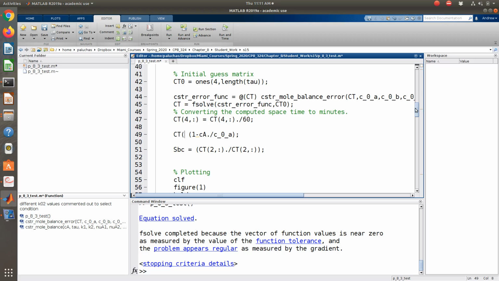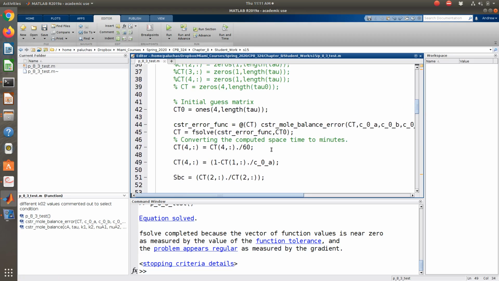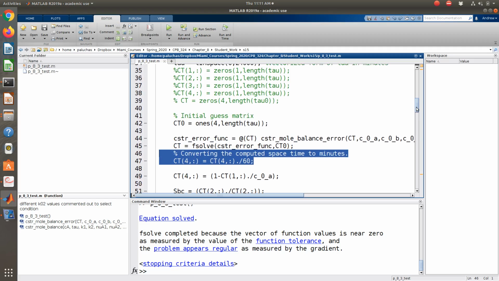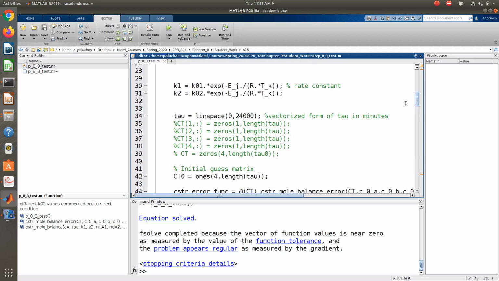So we could do CT row 4, all columns, just like you had, is equal to, now A is CT, my first. Oh yes, CA, that's good. So I could just go ahead and compute that. Why you're dividing the fractional conversion by that, I don't know. So what I think we have going on here is this is actually time in seconds.